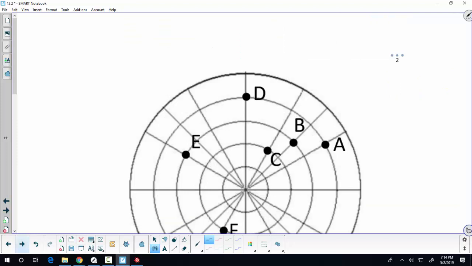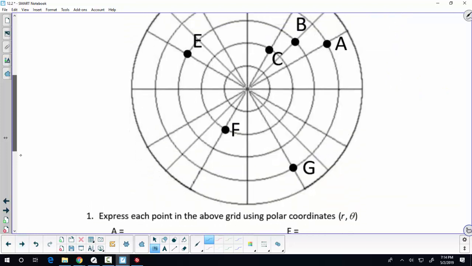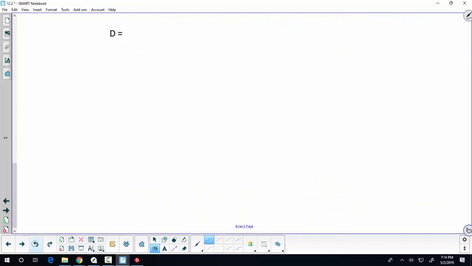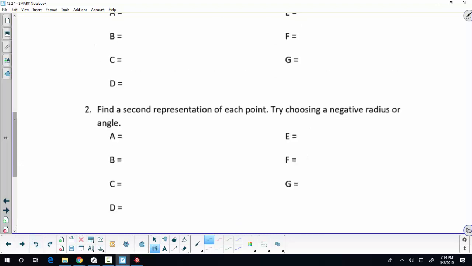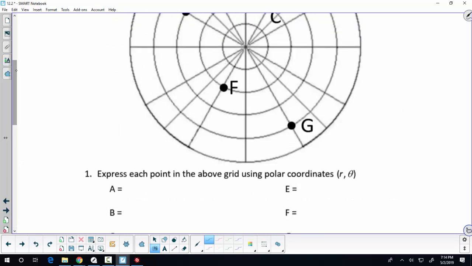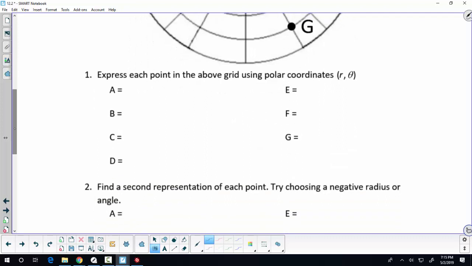R is positive, theta between 0 and 2 pi. So let's do that here for the first part of this problem. Maybe we'll look at 3 of these and then go on to part 2.